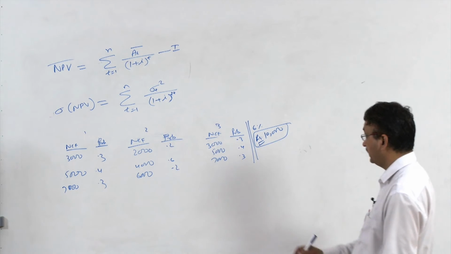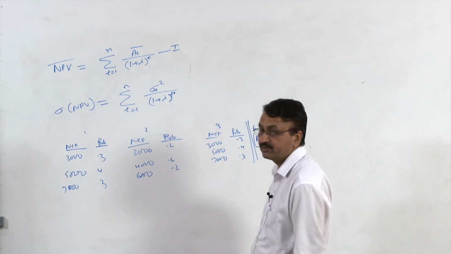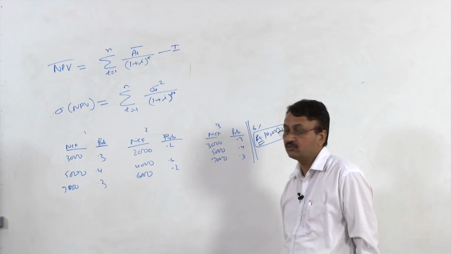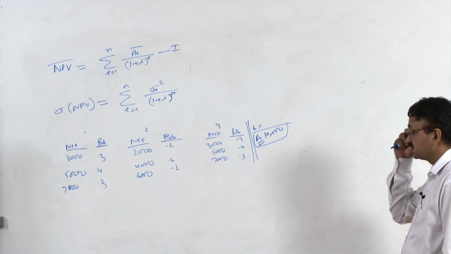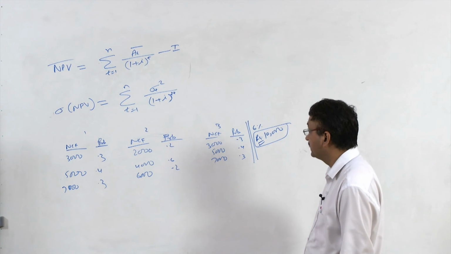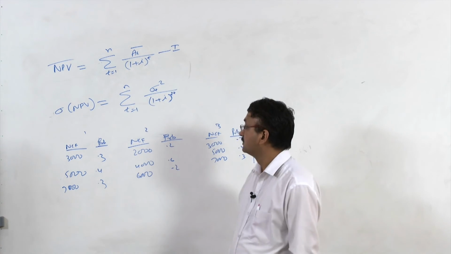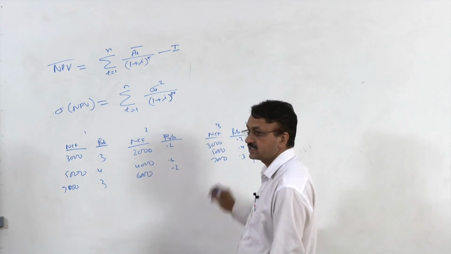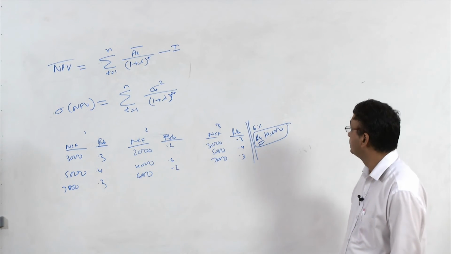So, first of all calculate expected NPV. How would you do it? Just try for this question. You need to calculate expected cash flows first, for all these years, right. So, how to proceed?